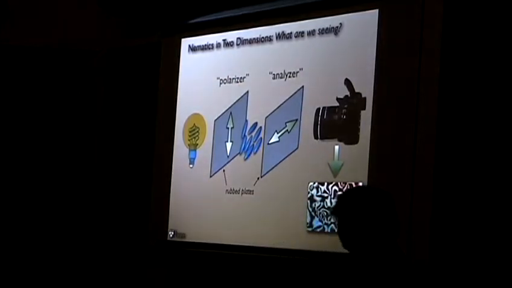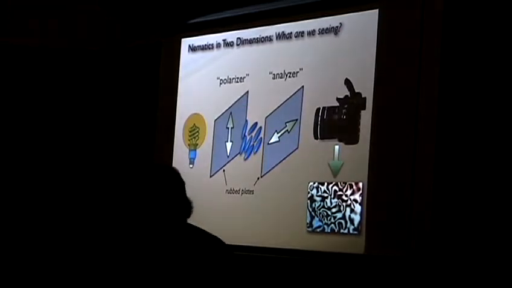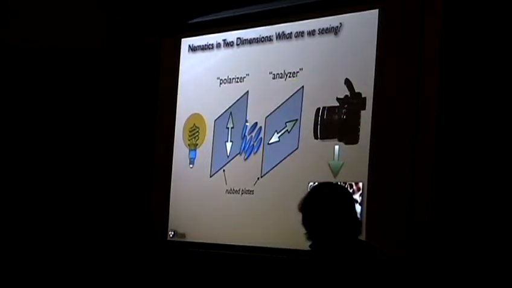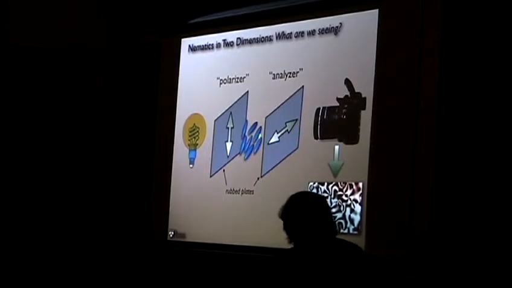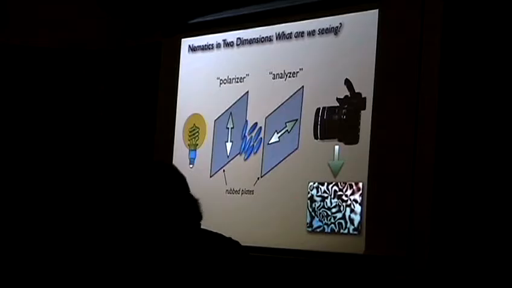Well, just so we're all on the same page, this is what you do. This is how experiments are done. Even with a digital camera, on the other side. So you have a polarizer and an analyzer, and you have your molecules in there, and they're birefringent, and so they actually rotate the polarization of the light, right? They have the ordinary wave and the extraordinary wave.